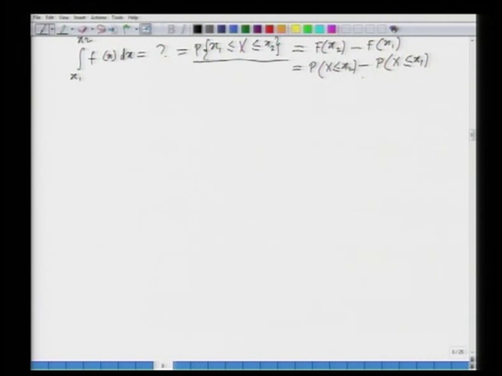If you look at the curve, this is your PDF, and that is your CDF. So, what we are saying is that this ordinate minus this ordinate, this thing here, is representing what? This whole thing, this probability, this one.